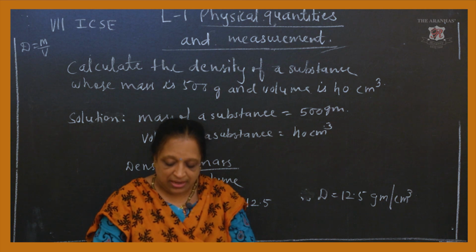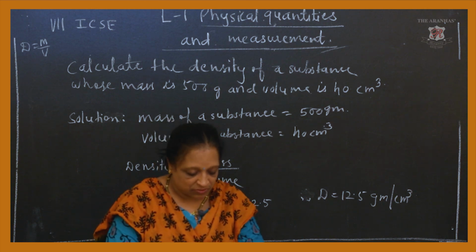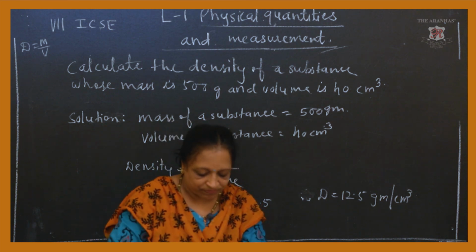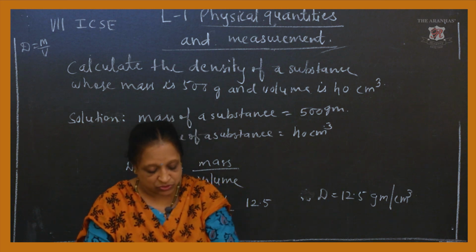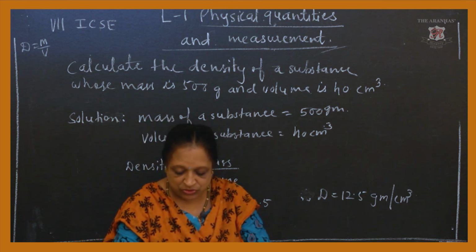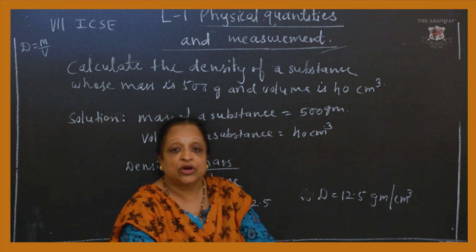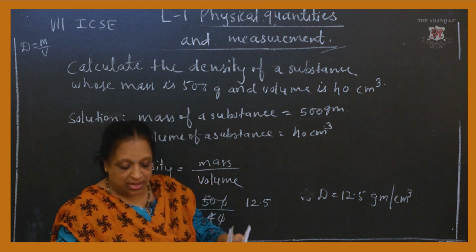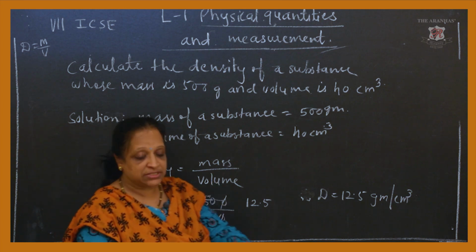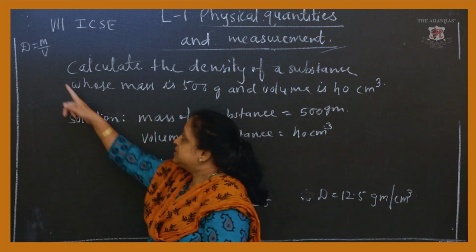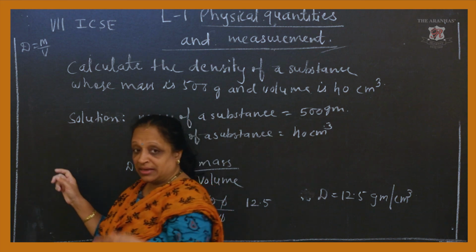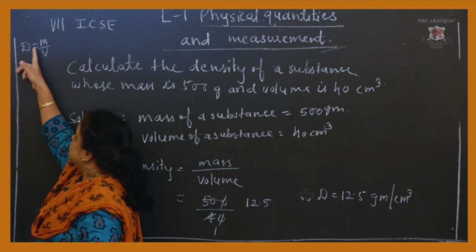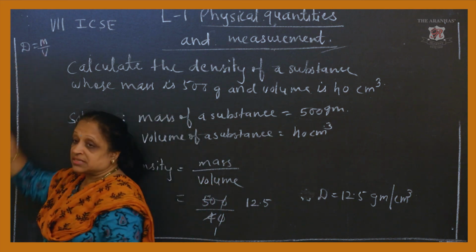Fine. Now, next I am giving you just two sums which you can refer to for your homework, or you can solve them in your notebook. In the first sum we have calculated density. In the next two sums you have to calculate mass and volume.